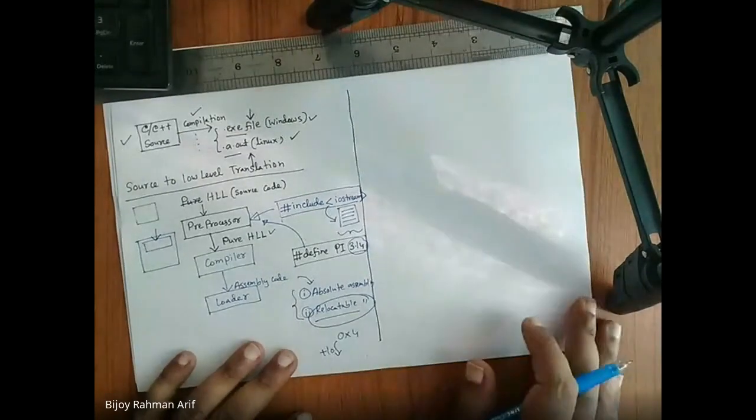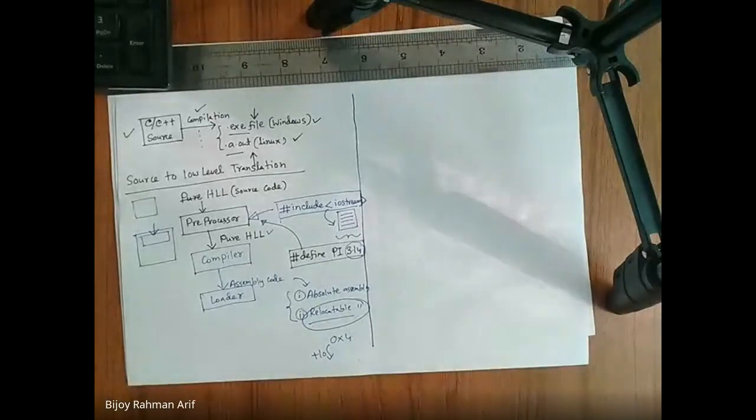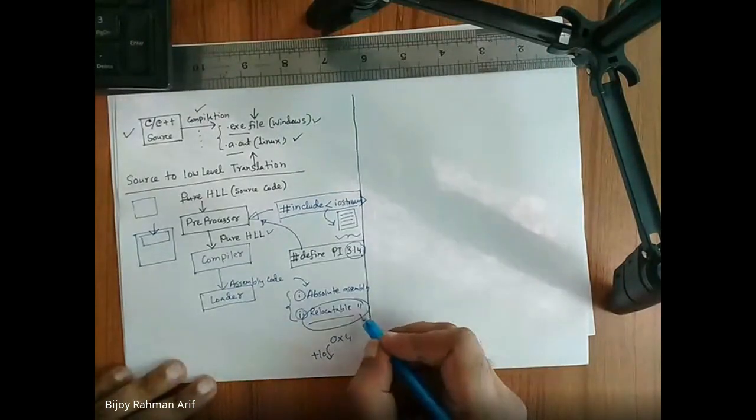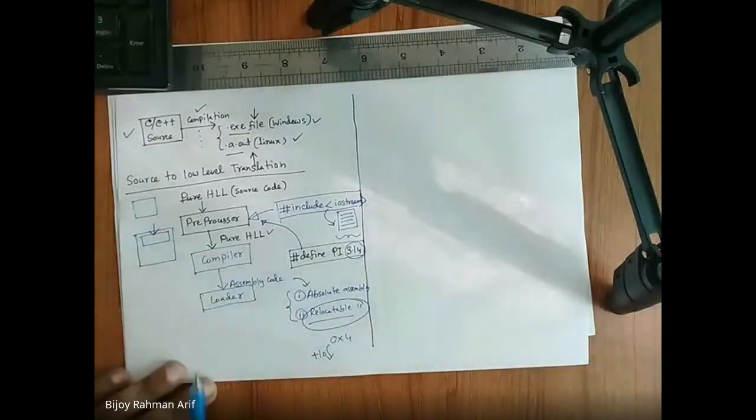So in relocatable assembly it is not a problem. As all the addresses are relative, you can start from anywhere, then go 10 steps, go 5 steps, go 8 steps. That's why relocatable assembly can run on any same architecture.